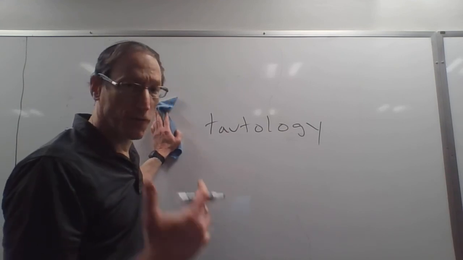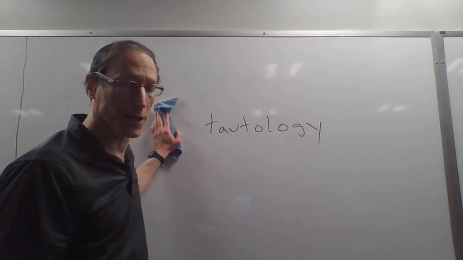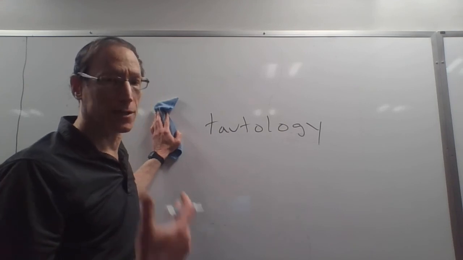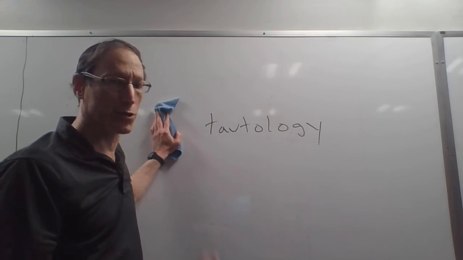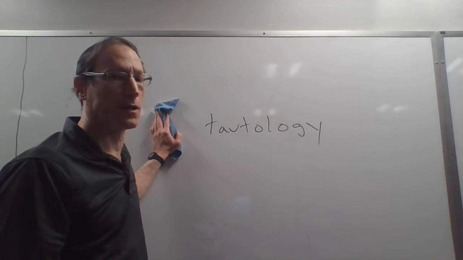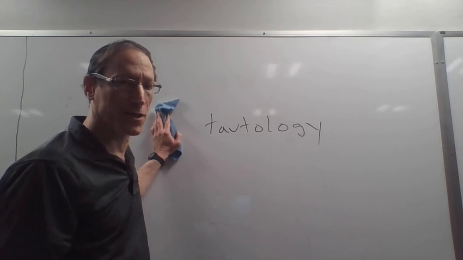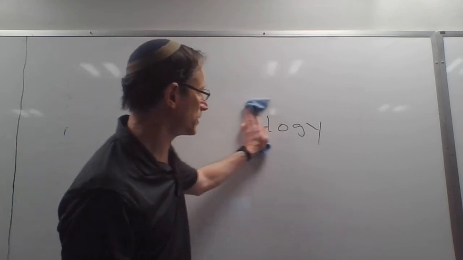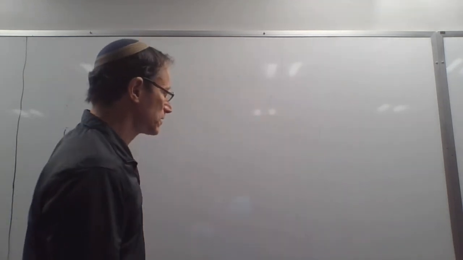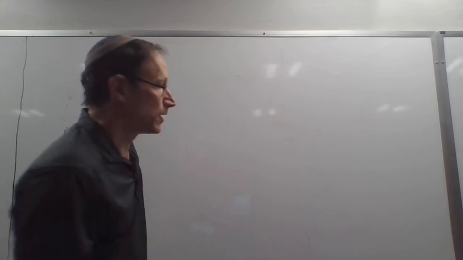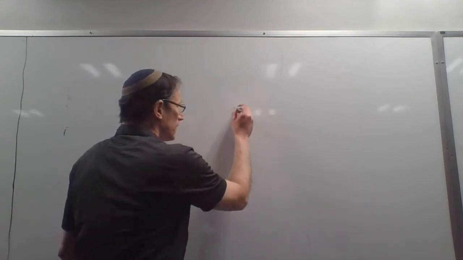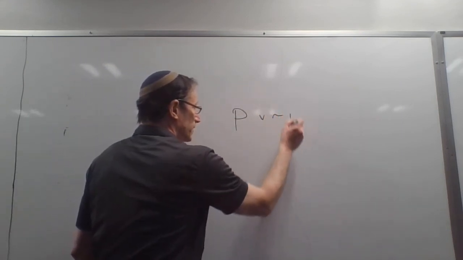The more formal definition is that it's basically a statement that always comes out true on every single row of the truth table. It ends up with a T. So let me give you an example of this. Here's a very simple one: P or not P.